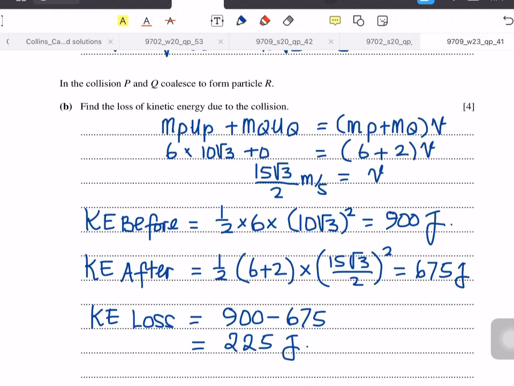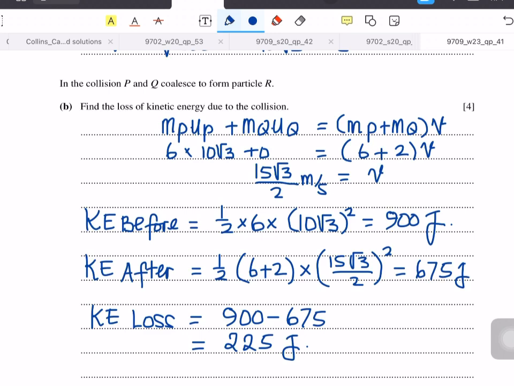In the collision, P and Q coalesce to form particle R. Find the loss of kinetic energy due to the collision. So first, we apply the momentum conservation law.